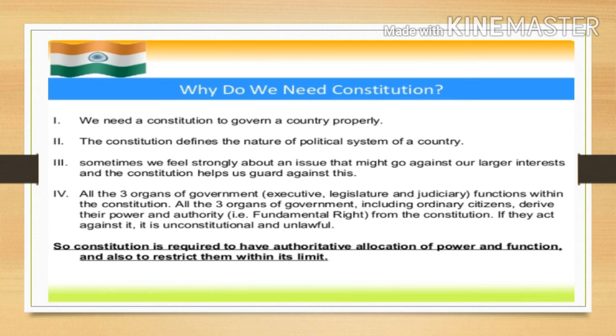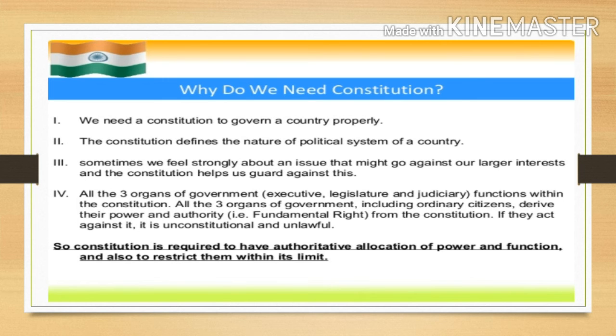Why do we need a constitution? We need a constitution to govern a country properly. The Constitution defines the nature of the political system of a country. Sometimes we feel strongly about an issue that might go against our larger interest, and the constitution helps us guard against this. All the three organs of government, that means executive, legislature, judiciary, function within the constitution.